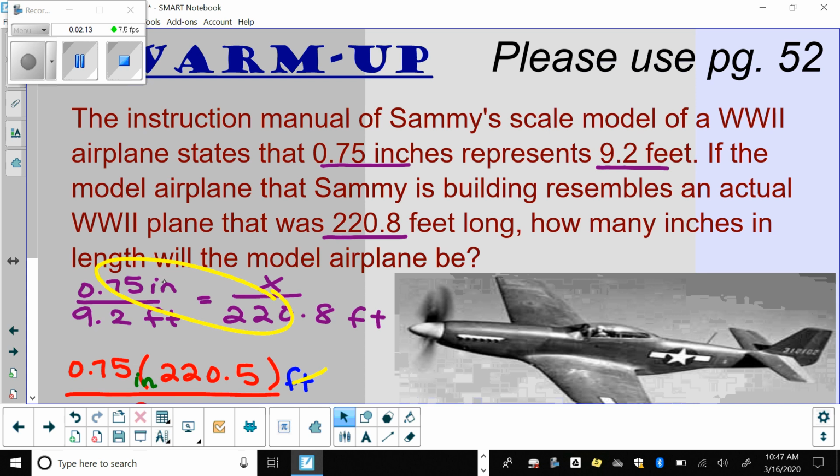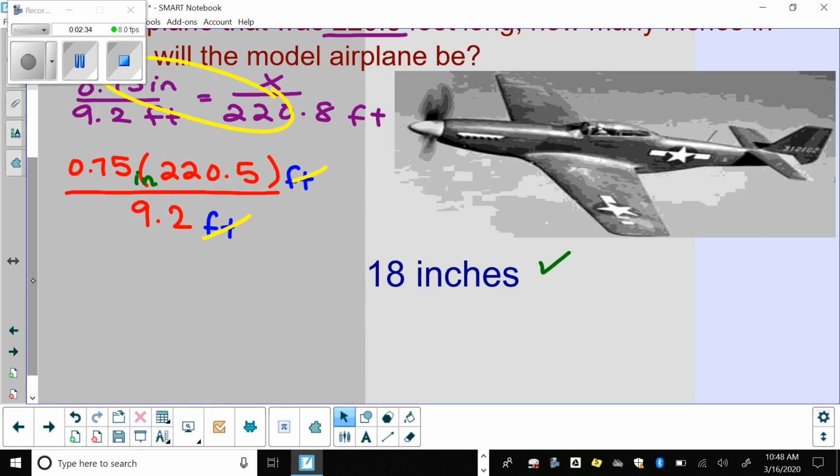If I'm doing inches over feet, then I am setting it equal to, I do not know how many inches the model airplane needs to be, so I call that X, but I put it over the actual length of the World War II plane, which is 220.8 feet. Then I am just going to cross multiply.